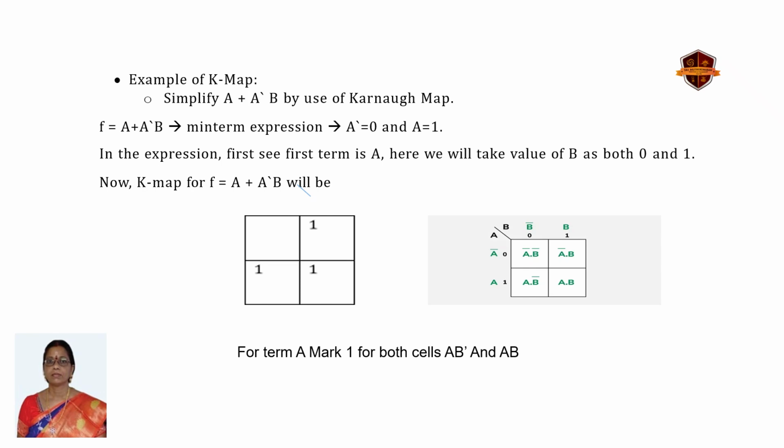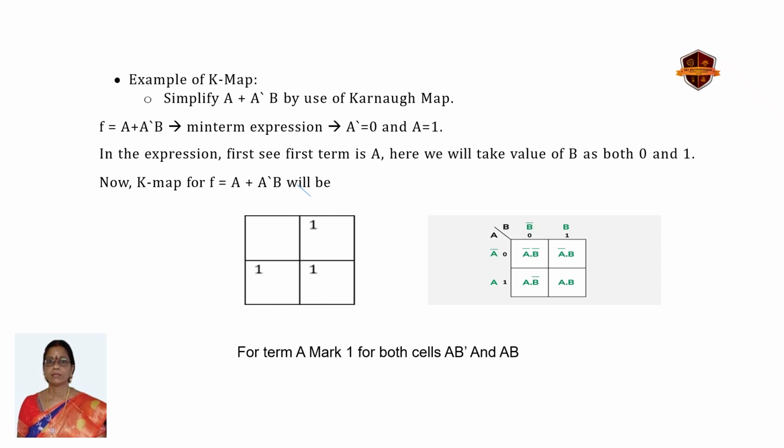So if you see the diagram on the right hand side, I have represented a K-map with A and B. A on columns will represent 0 and 1, and in rows it represents 0 and 1 for B. Inside the cells it is represented as A bar B bar, A bar B, A B bar and A B successively.